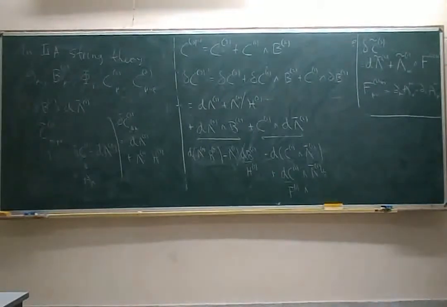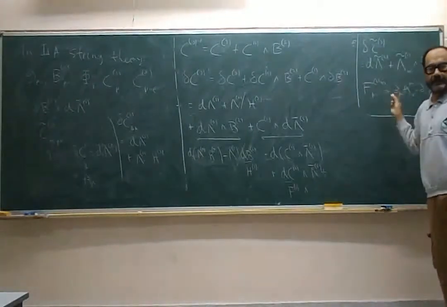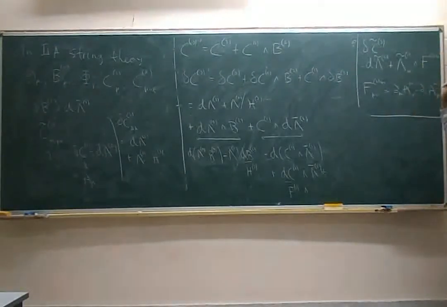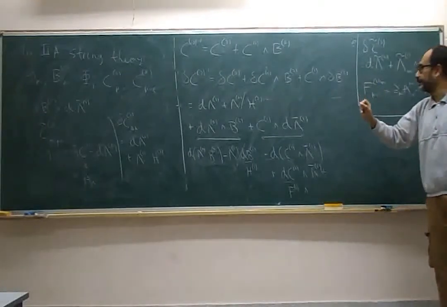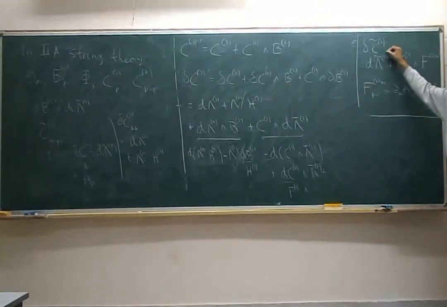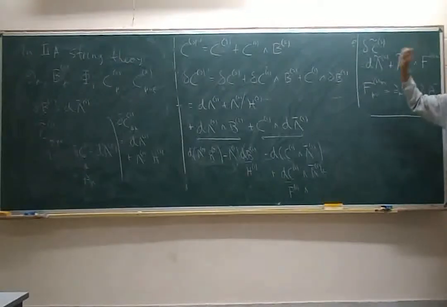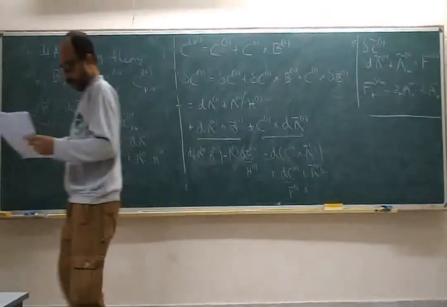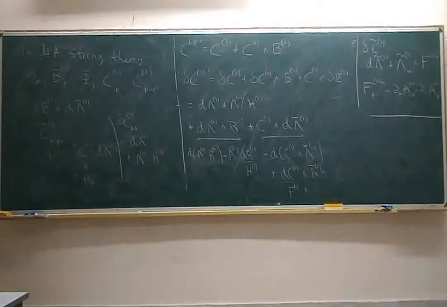So this shows that to identify the type 2A fields with the 11 dimensional supergravity fields, C3 of type 2A is not the C tilde 3 that we have introduced, but it's the C prime 3 of type 2A that we should identify as the C tilde 3. Is this clear?